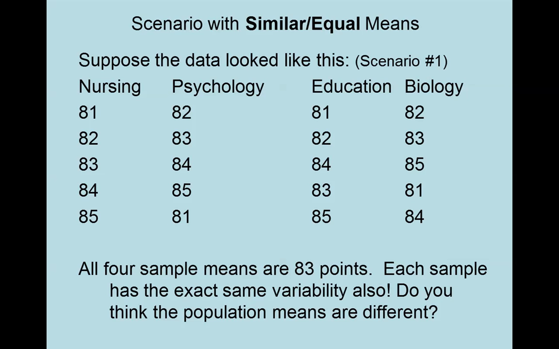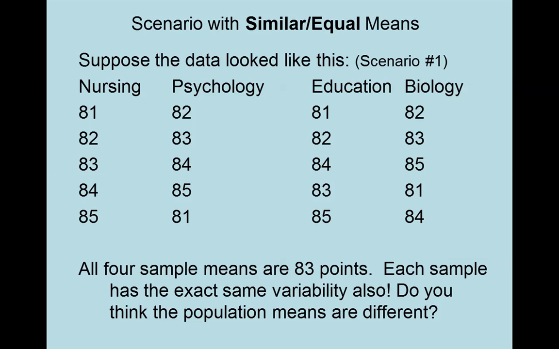So if you calculate the sample mean, if you add up 5 numbers and divide by 5, you're going to get 83 for each of the 4 majors. So the mean for nursing students was 83, the mean for psychology students was 83, the mean for education students is 83, and the mean for biology is 83. So the sample means are all identical, they're equal.